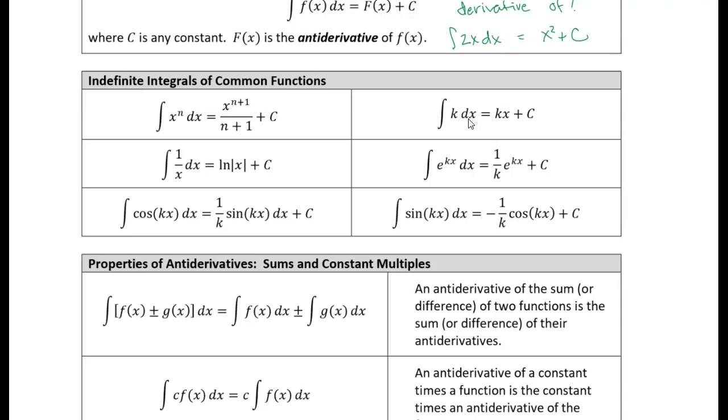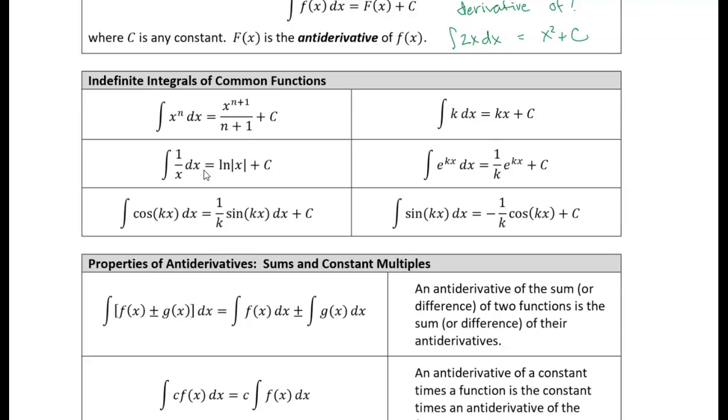So when we integrate 1 over x, we have the natural log of the absolute value of x, plus a constant. All right, so the rest of those I think are fairly straightforward. You can probably see how they come straight from the rules for differentiation, for taking derivatives, okay?